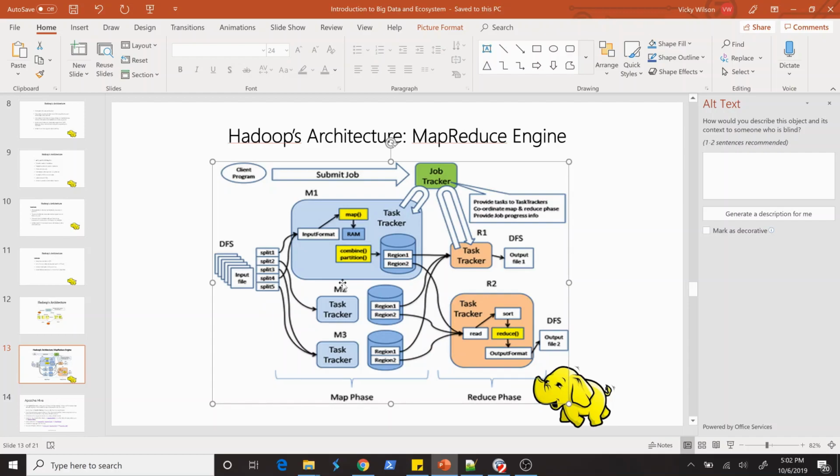The job tracker keeps assigning the jobs to all these nodes, and the jobs complete, and the reduce phase goes through, and the problem is completed once the reduce phase is done, and then the output is given back. So that's the high level.